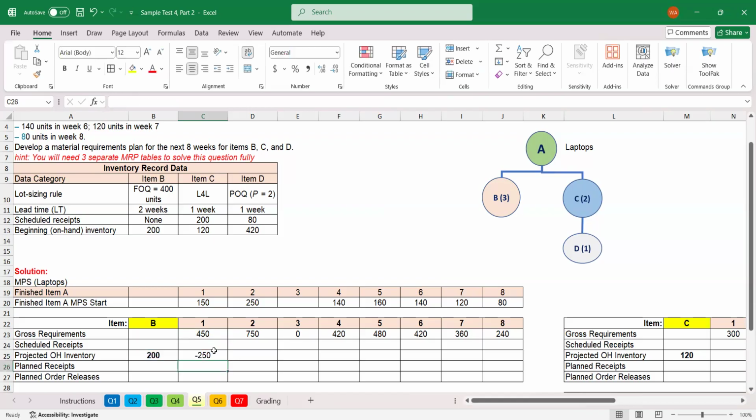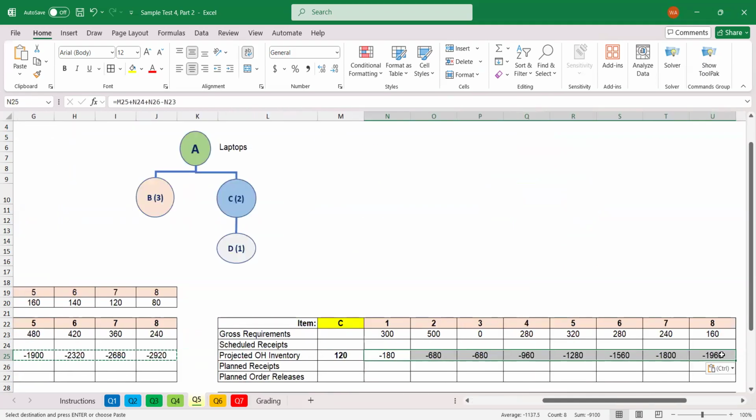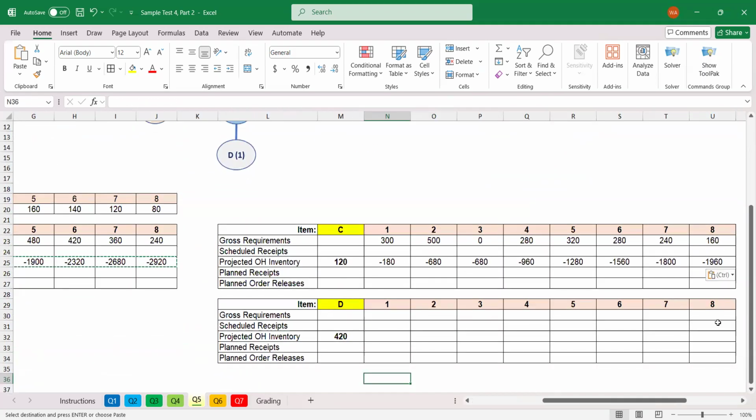And that formula that I just typed in would be carried all through for the next 8 weeks here. And you can even copy this formula here, because the formulation doesn't change for item C. And I'm also going to drag it down here for our last item, item D.